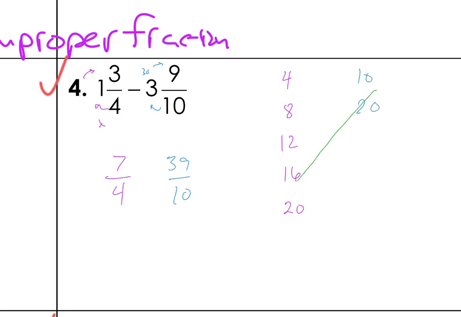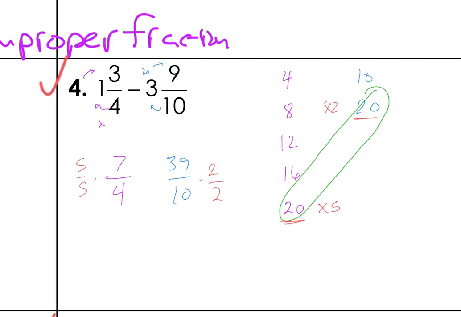In fact, you might not have even had to do any of this stuff over here, but let's say maybe you had to. So we have to multiply 4 by 5 in order to get 20, and we have to multiply 10 by 2 in order to get 20. So here's the 2 over 2.